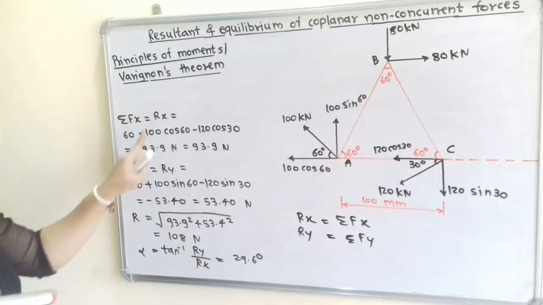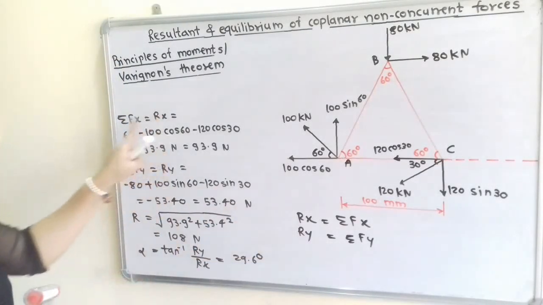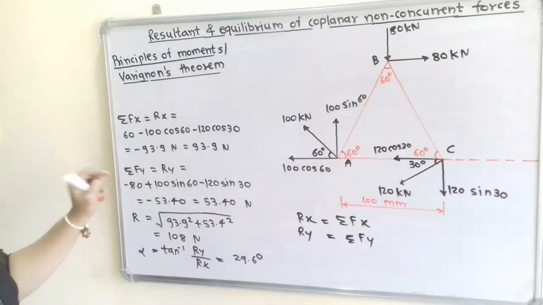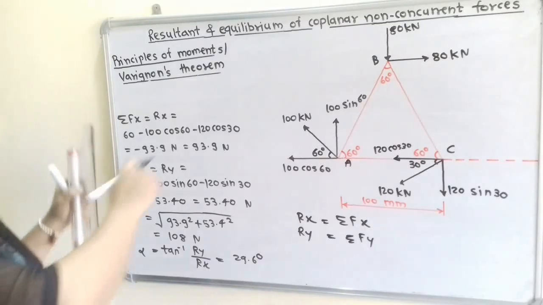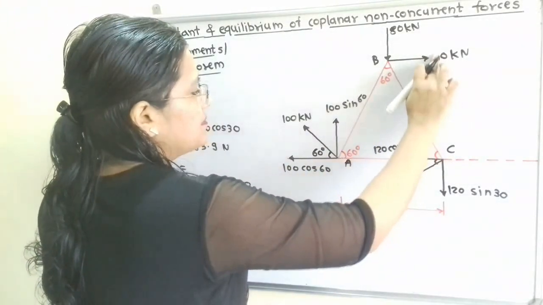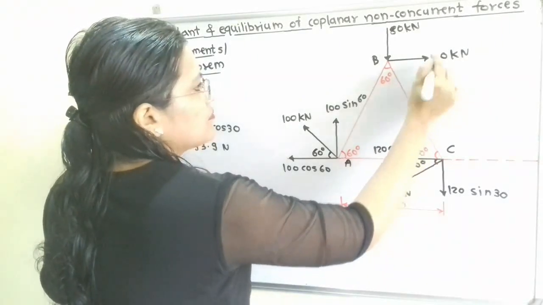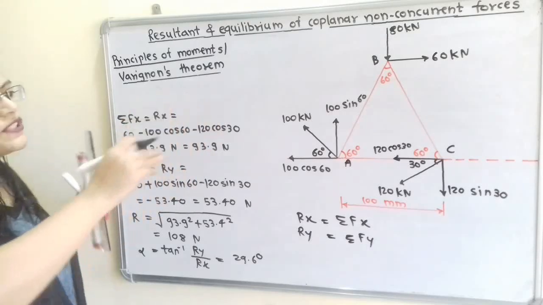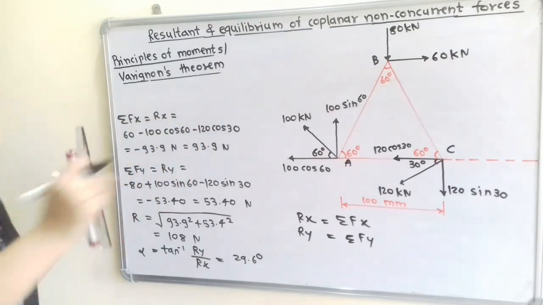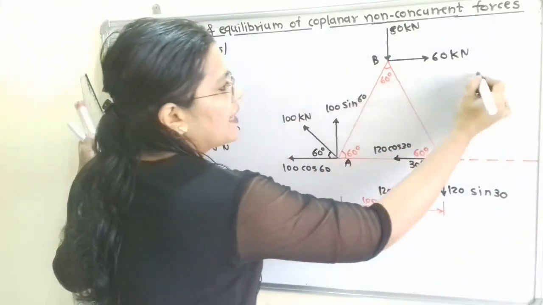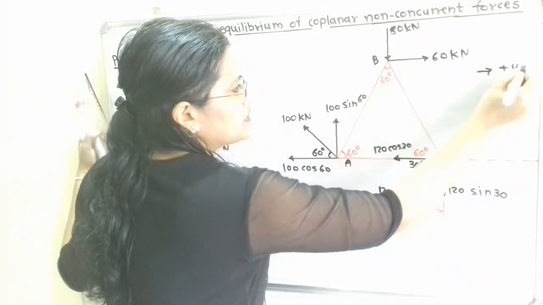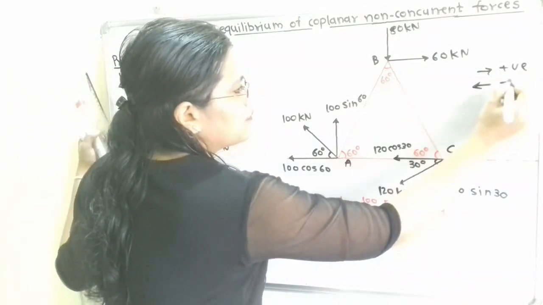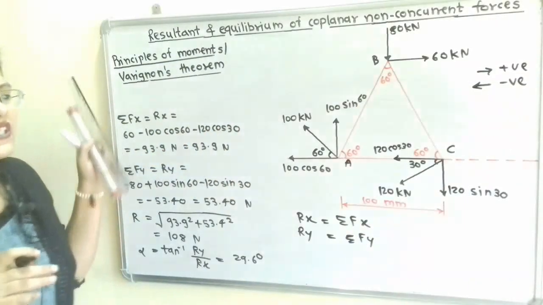So summation of Fx, that is nothing but Rx, is equal to, first one is 60. Now we have to decide the sign. Towards the right hand side we will take positive sign and towards the left hand side we take the opposite sign, that is negative sign.